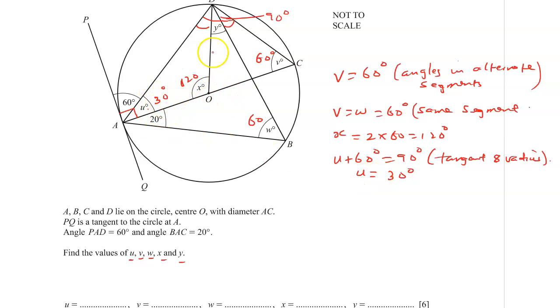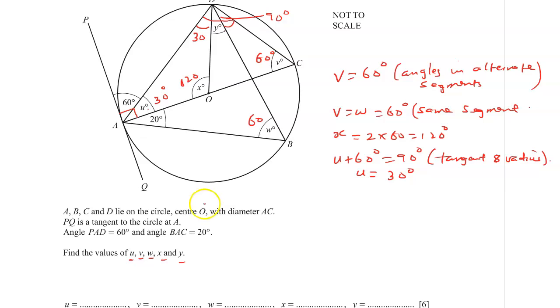Therefore, we know that this angle here is 180 minus 30 plus 120, 180 minus 150. This is 30. That is 30 there. And therefore, we know this angle, we can find what is y.